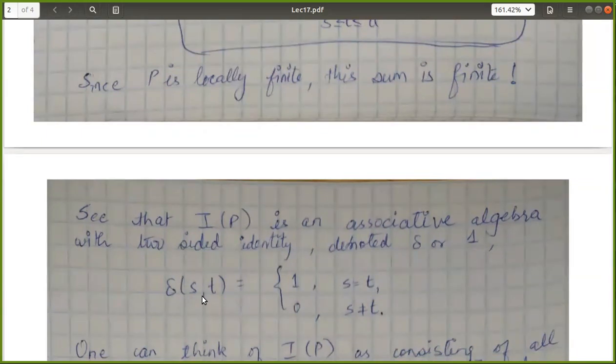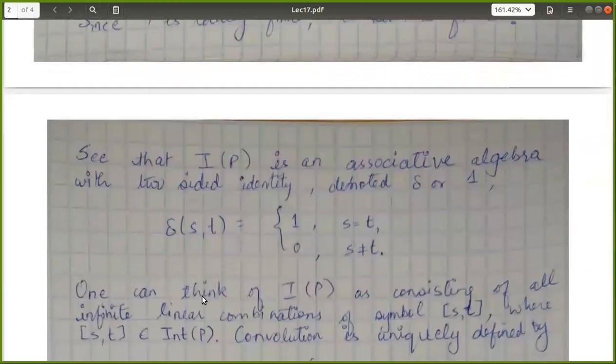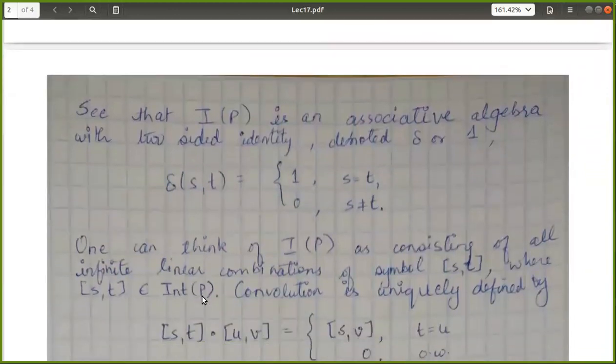Yes, ma'am. So another interpretation of IP can be through the elements it has. How you can extend this is that if you have two intervals, let's say ST and UV, you would want to understand if there is a way to concatenate these intervals.